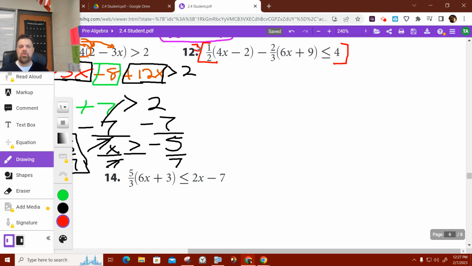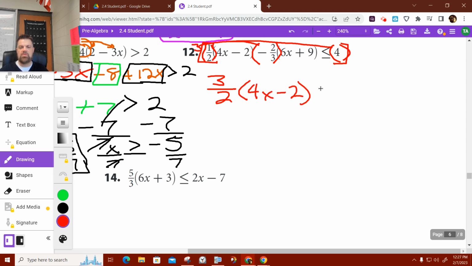You only multiply that by the, this is what we call a scalar multiplier. So I'm going to multiply just this 1/2 by 3, just this negative 2/3 by 3, and just 4. Everything else kind of stays the same. So you're going to end up with 3/2 times the quantity 4x minus 2.